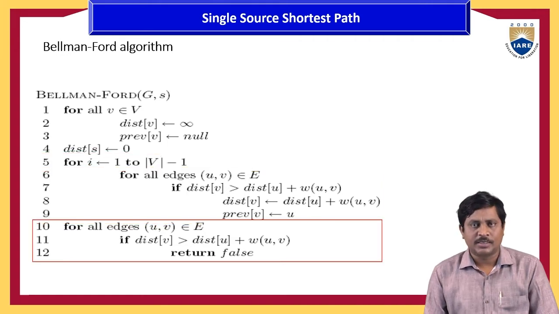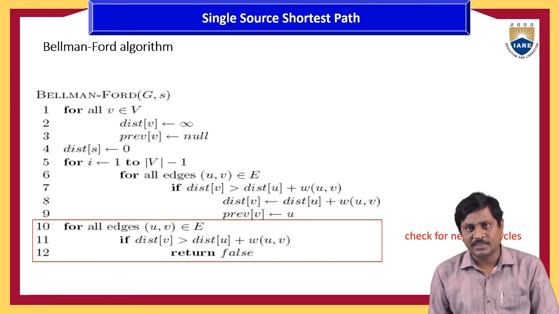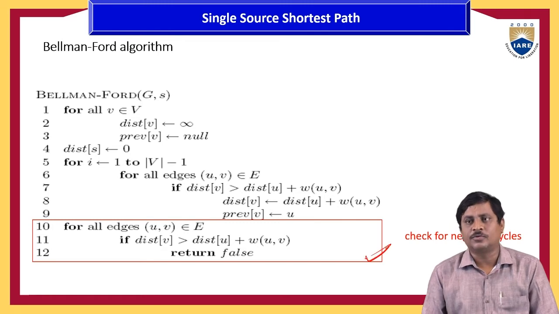Next we check for negative cycles. If this condition is satisfied, negative cycles are not there. If the condition is not satisfied, automatically we have some negative cycles. We find that. Also, through the negative edges, we find the shortest path without forming any cycles. That is what we did in this piece of code.